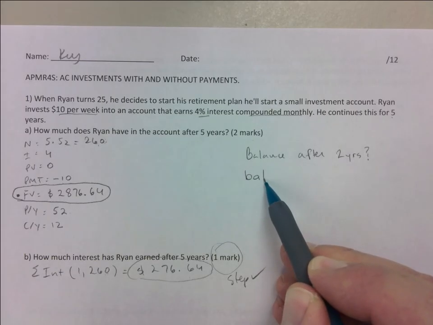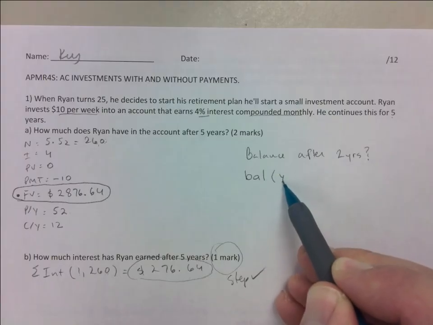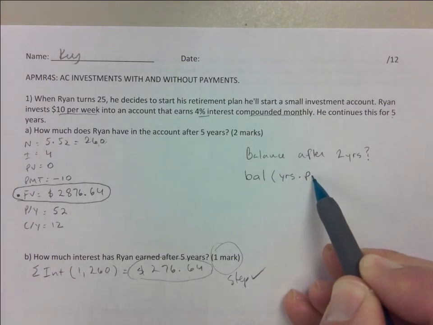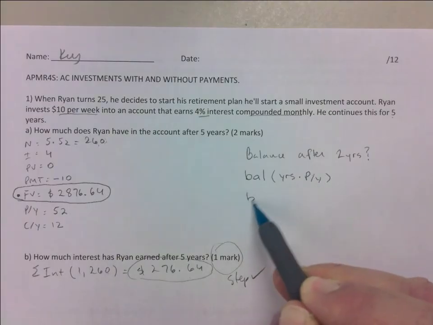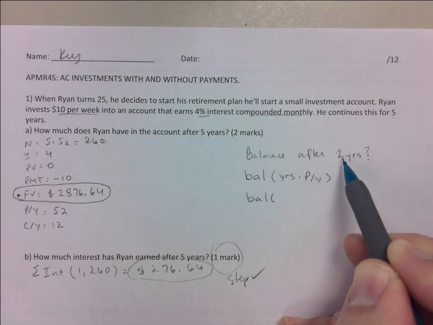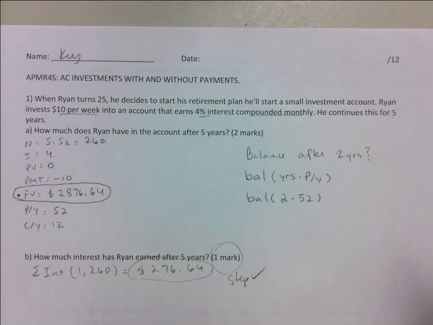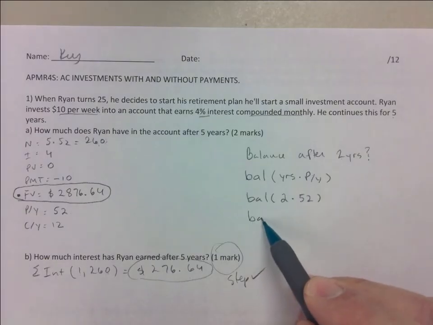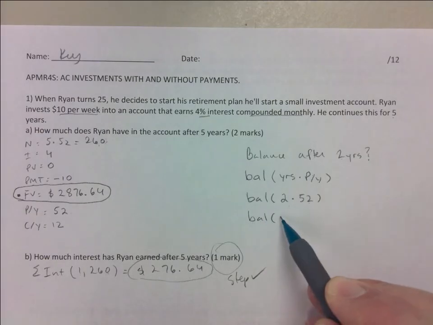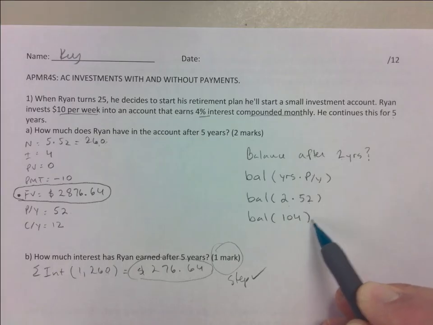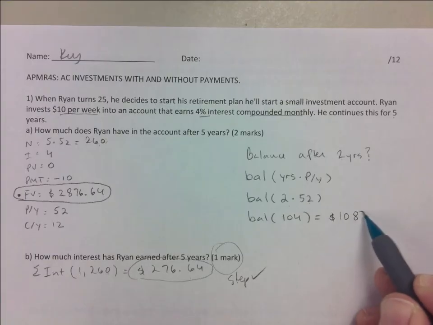It's balance, and then you have to go years times PY. So we would go balance of 2 years times PY, that is 2 times 52, which is 104. If you did that, you would get 1082.24.